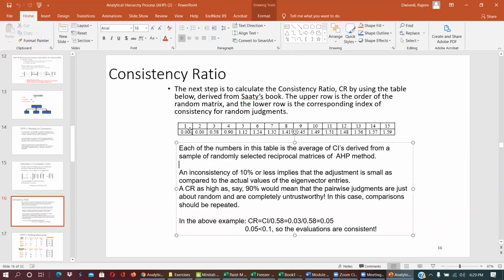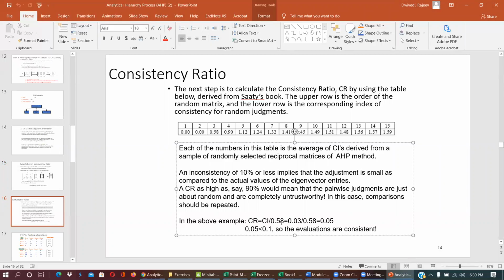So for example, for 1 criterion it is 0, for 2 it is 0, for 3 criteria it is 0.58, for 4 criteria 0.90, for 5, and so on. We have 3 criteria, so that means 0.58.